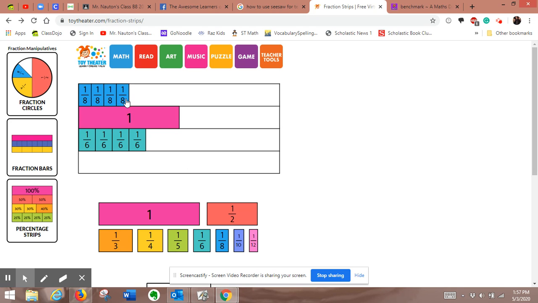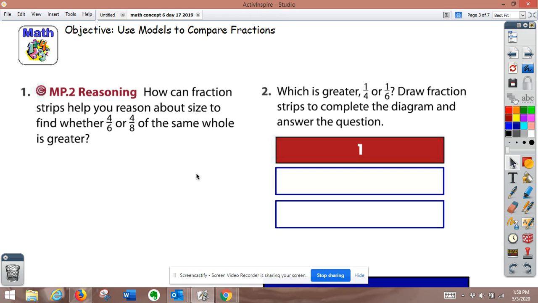And what do you notice about those denominators? One thing I notice is that the larger number is smaller pieces. The larger number is smaller pieces. 6 is smaller than 8, but the pieces, the parts that this whole has been cut into are larger. Let's refresh our memory and see what the question is.